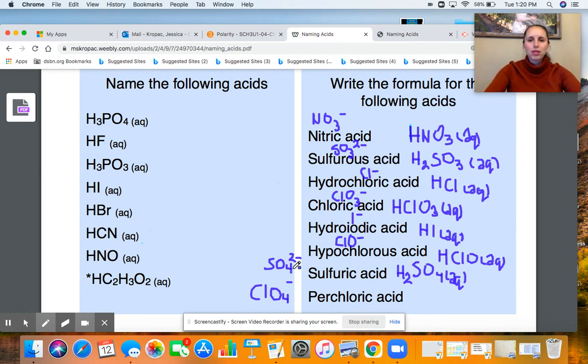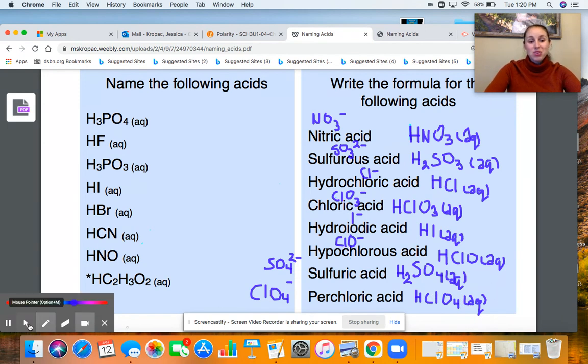They're both 1, so they're going to cancel each other out. So we're going to have our hydrogen in front, and we're going to follow it up with perchlorate, ClO4. We've got that aqueous compound, perchloric acid, HClO4, aq behind it.